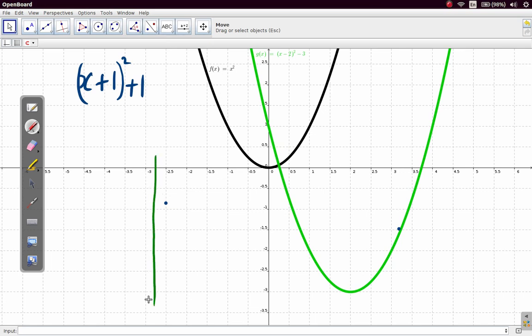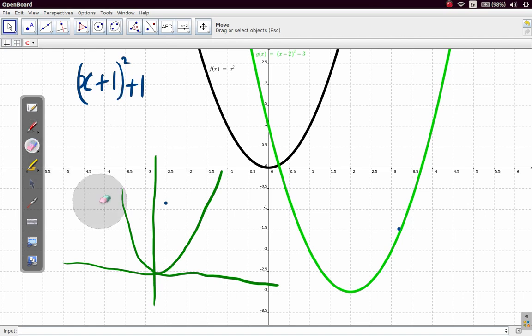Given your x and y axes, you should know that y equals x squared looks like this. In fact, let's draw y equals x squared in a different color. You should remember that y equals x squared looks like this. That's your original graph.